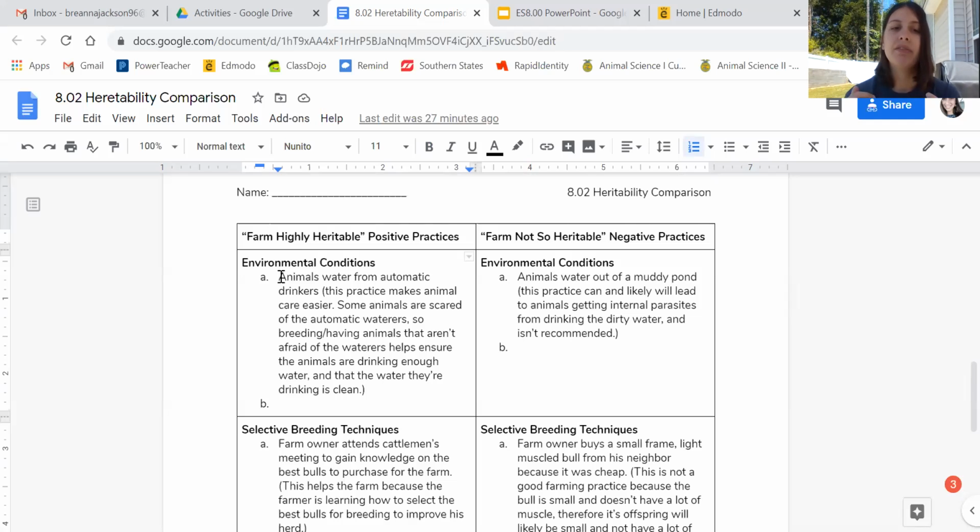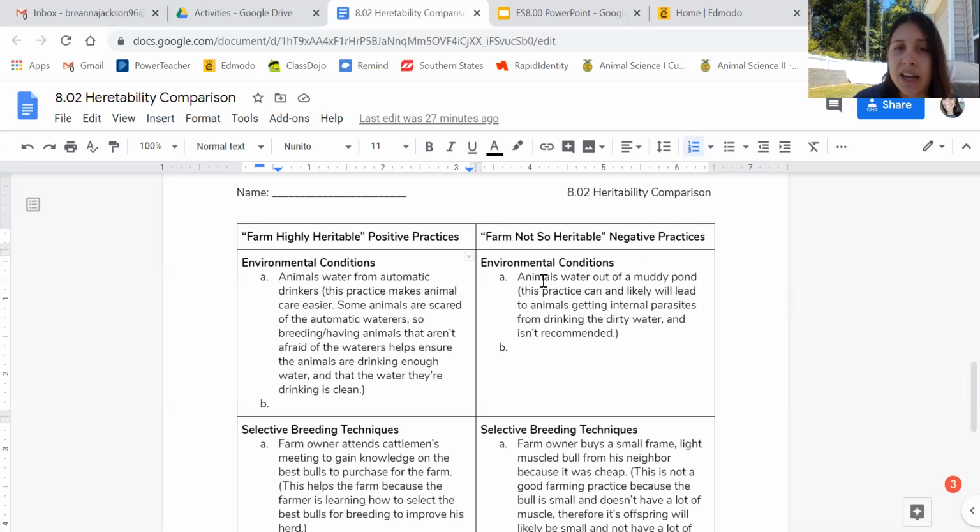So you want to have animals that aren't afraid of the waters. Animals that aren't afraid of the waters are going to get their water from there. And by getting their water from there, you can ensure that, 1, the water they're drinking is clean, and 2, they're drinking enough water. They're actually drinking the water.